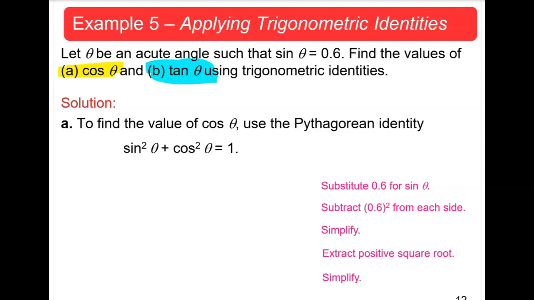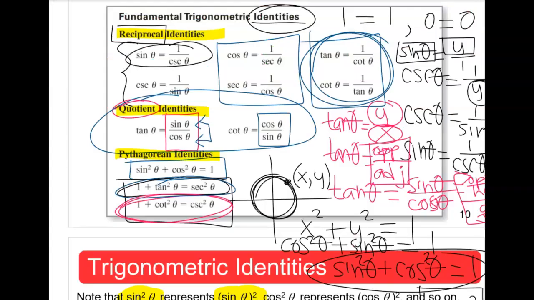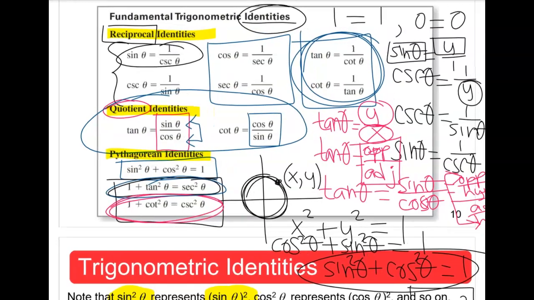And what we are given is the sine of theta, and that is equal to 0.6. From our slide with the fundamental trigonometric identities, the only relationship that we have here between sine and cosine is the main Pythagorean identity.